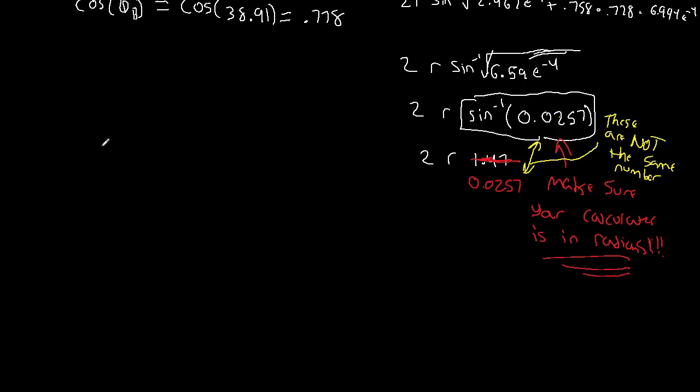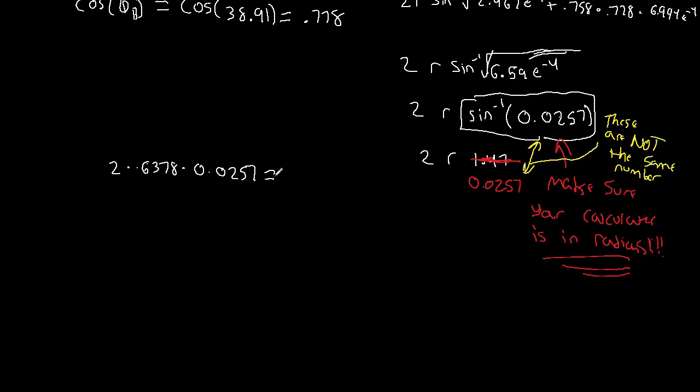So now what we have left is 2 times the radius of the Earth, which is 6,378. And the inverse sine we said was 0.0257.